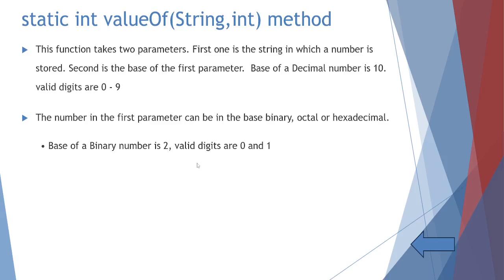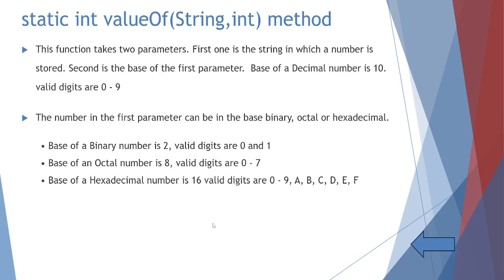Base of a binary number is 2 and valid digits are 0 and 1. Base of an octal number is 8 and valid digits are 0 to 7. Base of hexadecimal is 16 and valid digits are 0 to 9 and A to F. How do we use these methods? valueOf, that is static one, takes a string and we pass 2.